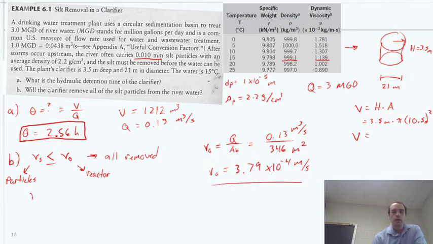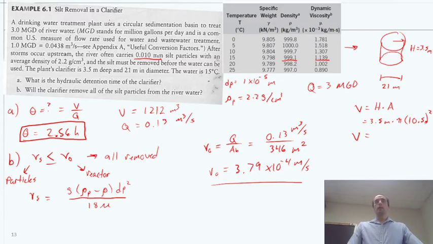So then we take our equation for Vs. This was gravity times the difference in density, particle minus the water, times the diameter of the particle squared, divided by 18 times the viscosity. We recognize, by the way, we had two different diameters. That was another potential source of confusion.